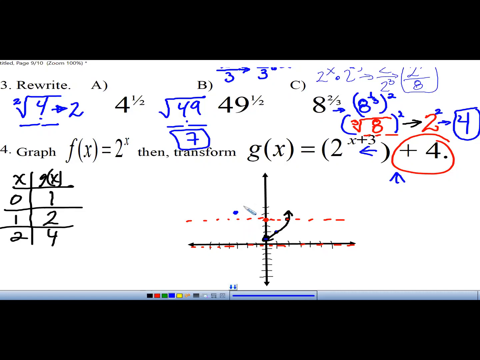And this last one, 2, 4, once again 3 to the left and 4 steps up. So my new function is up here.